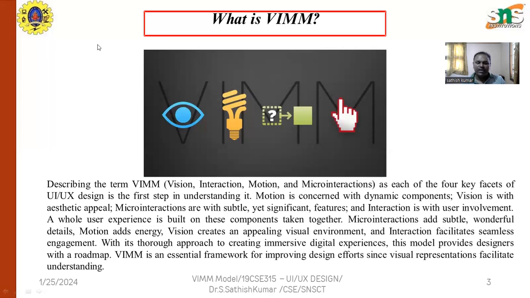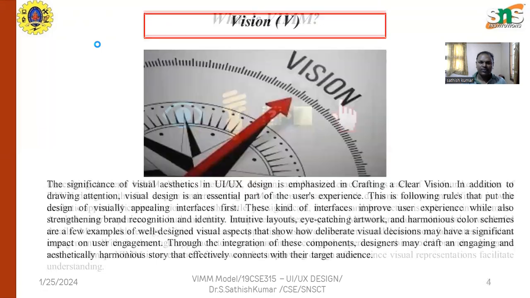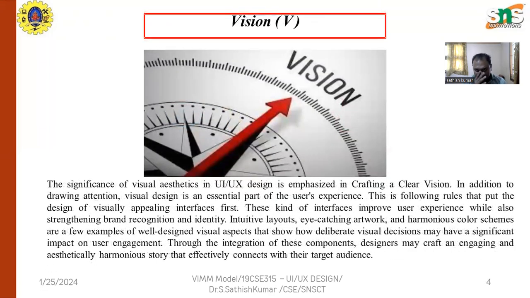Next one is intellectual complexity. This is where you make the user think hard. For example, confusing navigation titles. Next one is an overly complex work process, and unclear instructions due to poor copywriting.